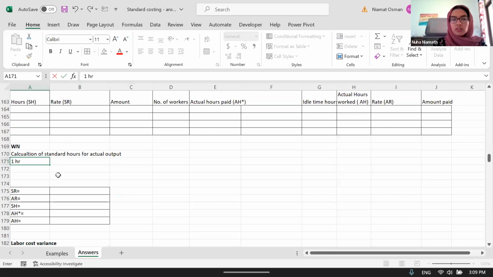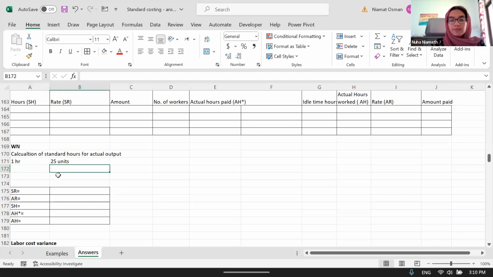So 1 hour is 25 units, and 1040 units will be 41.6 hours. Correct?